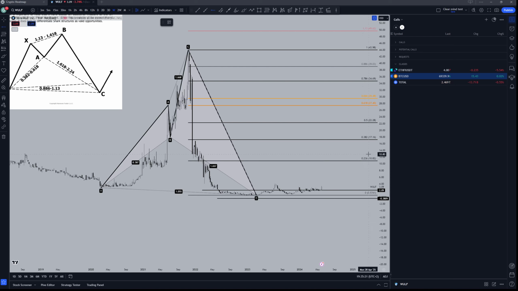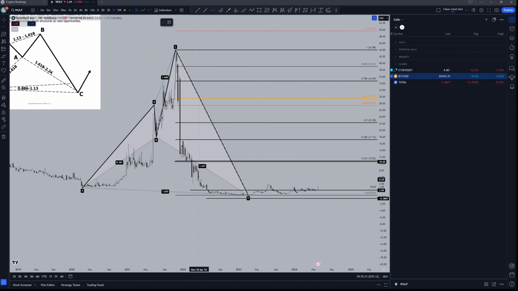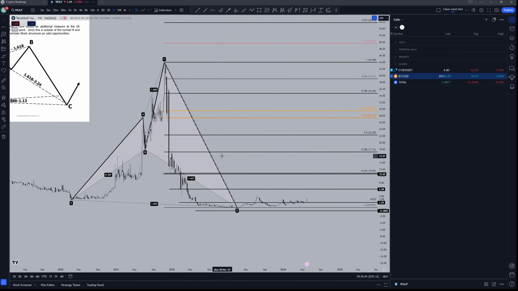So in this case, 0.236 would be right at this support level. But we also have this zone before that. So in this case, I would likely take profit a bit before that. So either somewhere here or somewhere here on the wicks. The same way you would with any other play.